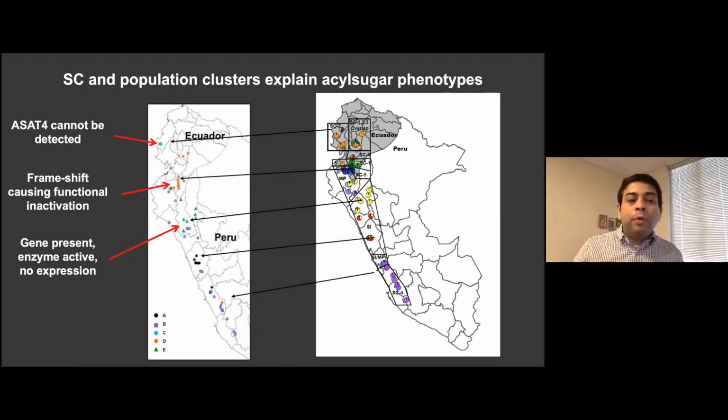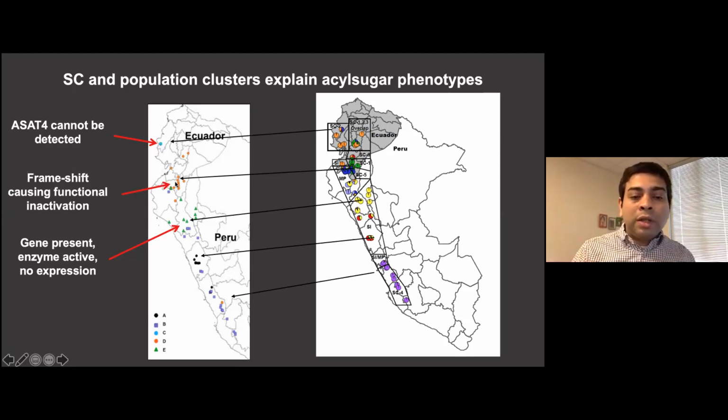Now, when we look at the self-compatibility mappings and population clusters, they explain the acylsugar phenotypes. I'll start from right in the middle. These green triangles represent populations where the ASAT4 gene is present. You can detect the sequence, but it's not expressed.